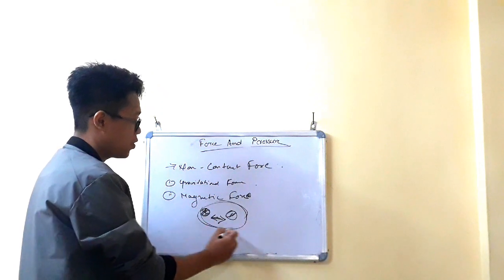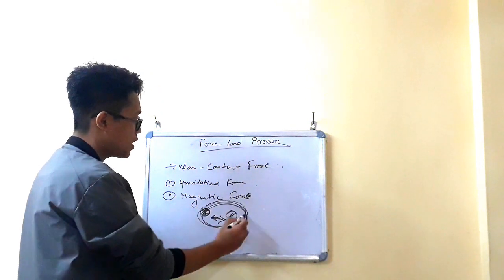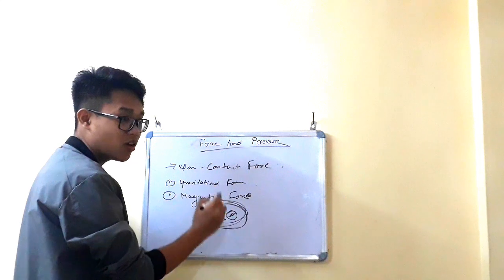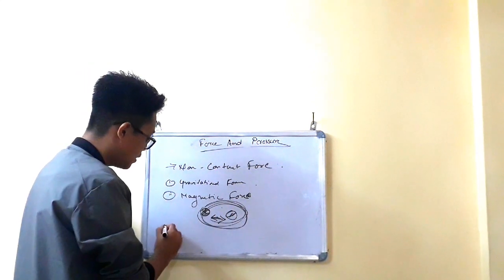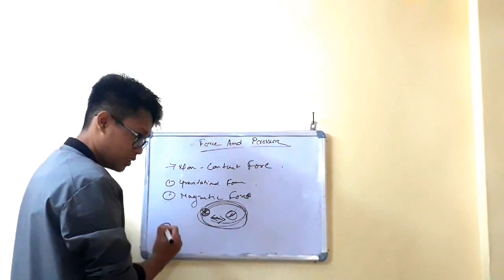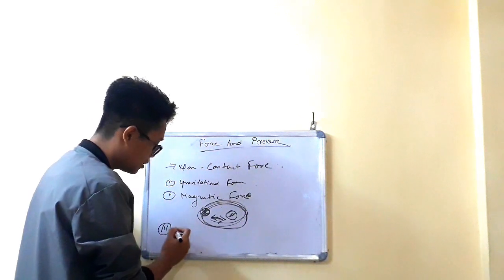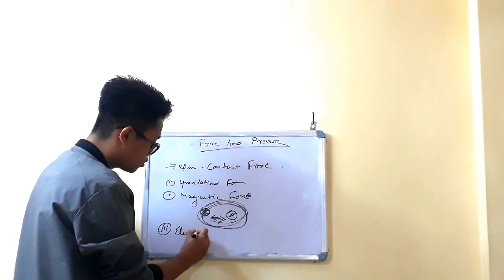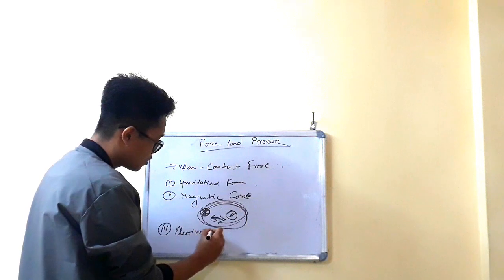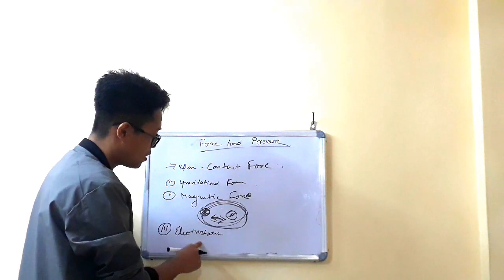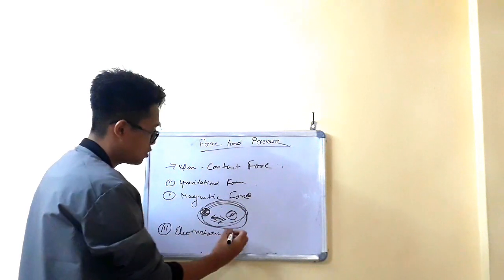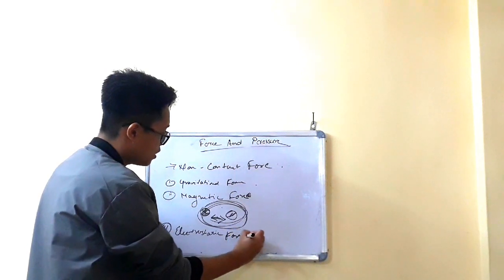So this force is also a type of non-contact force, where two objects are being pulled with the power of magnet. That is magnetism. The third non-contact force is electrostatic force.